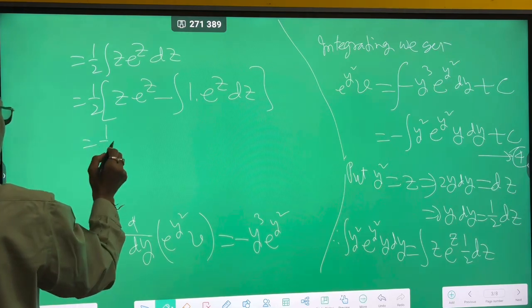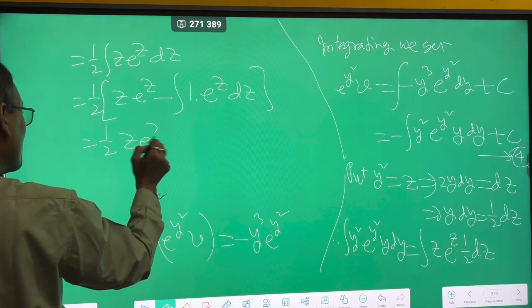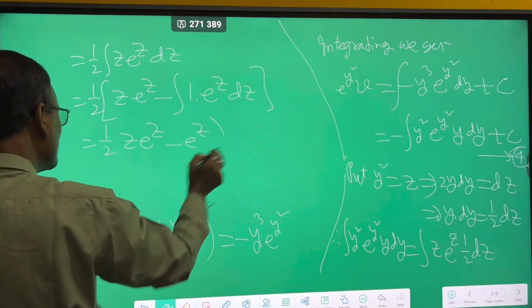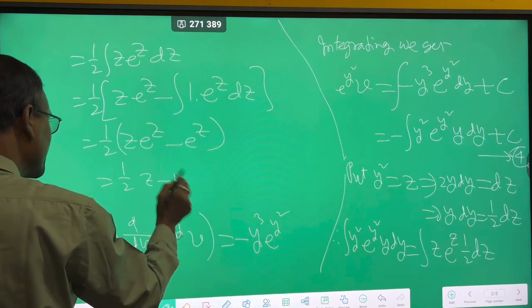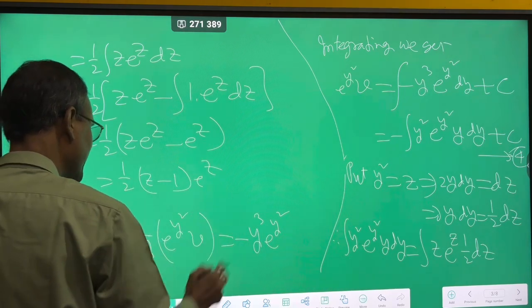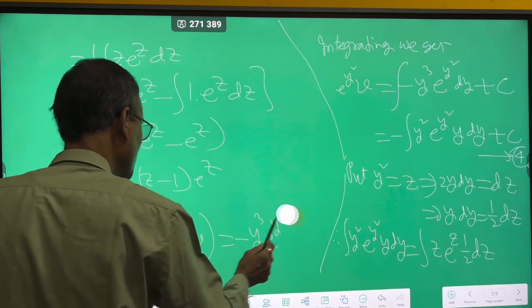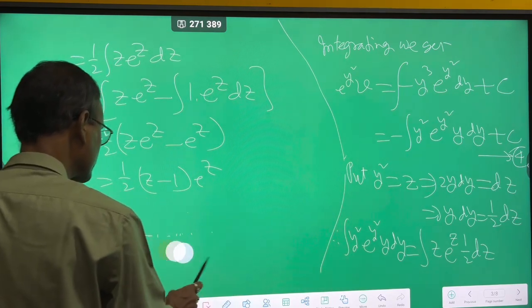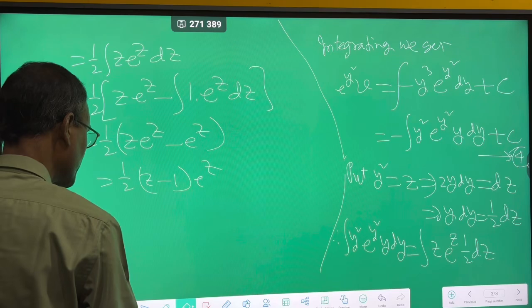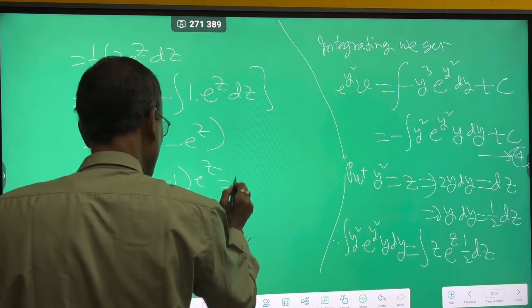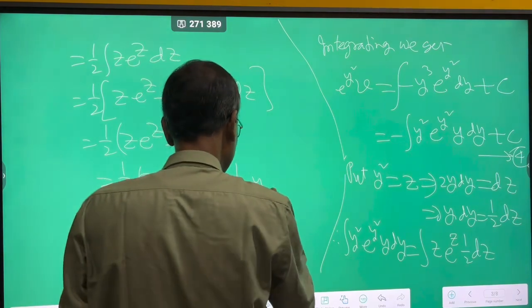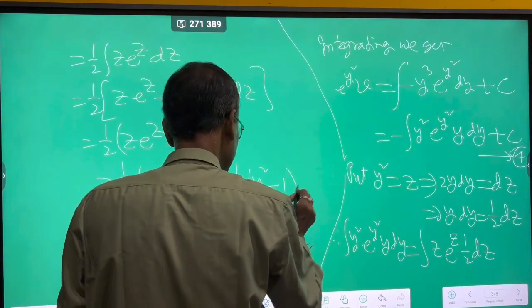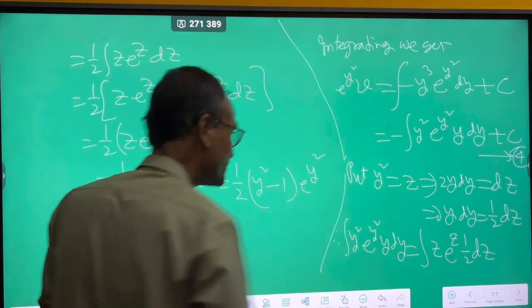This is equal to 1 by 2 z e to the power z minus again e to the power z. This is equal to 1 by 2 z minus 1 e to the power z. Which is equal to 1 by 2. What is z? Y square. Y square minus 1 e to the power y square.